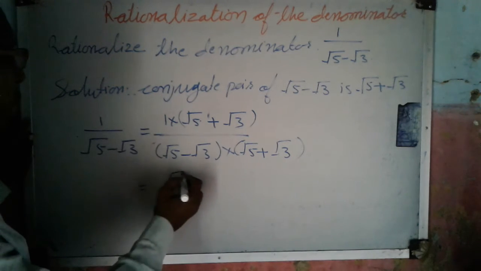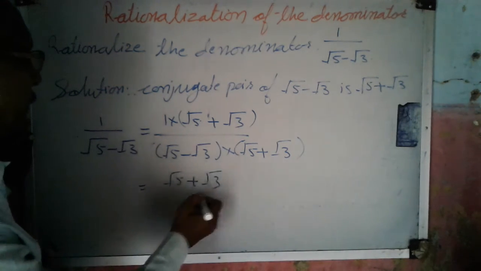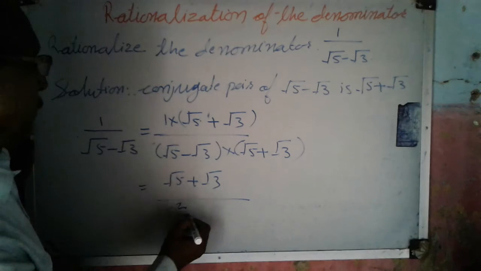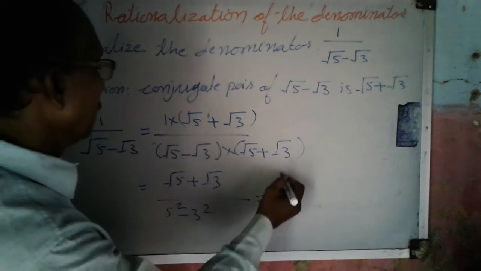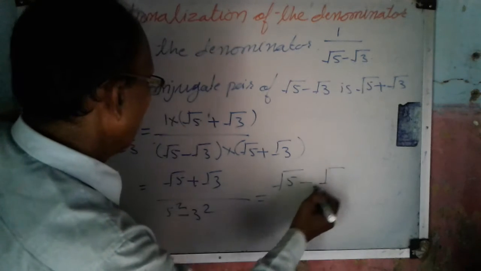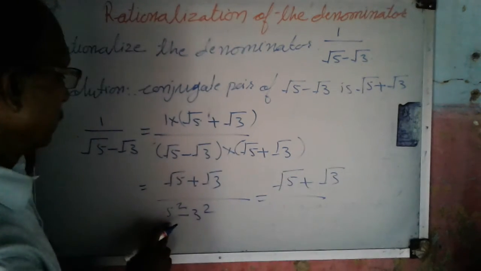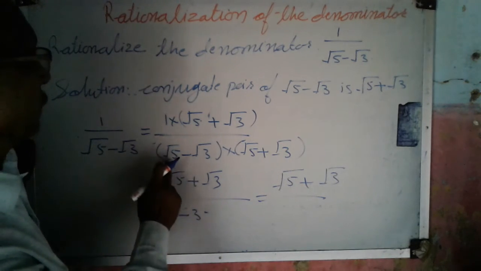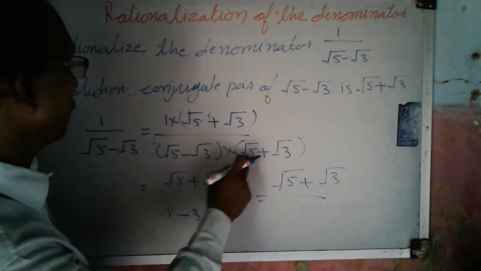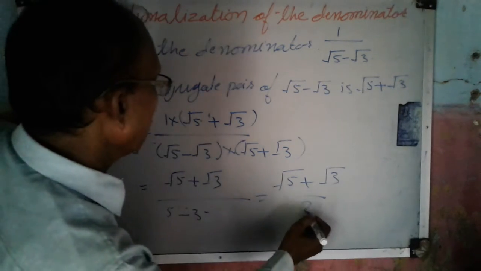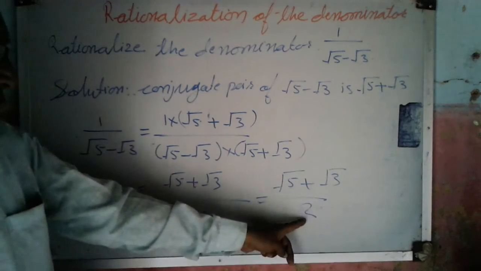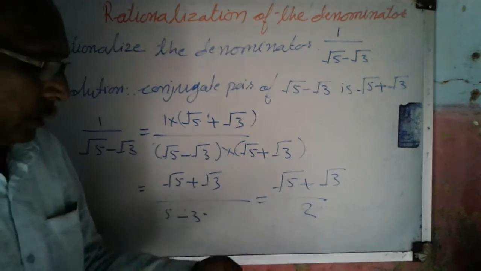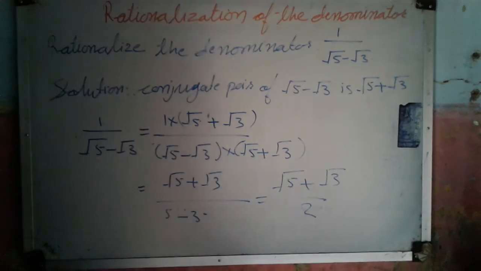According to the formula, this is 5 minus 3, that is, root 5 into root 5 is 5, minus 3, that is equal to 2. Now the denominator is rationalized. 2 is a rational number. In this way you can rationalize the denominator.